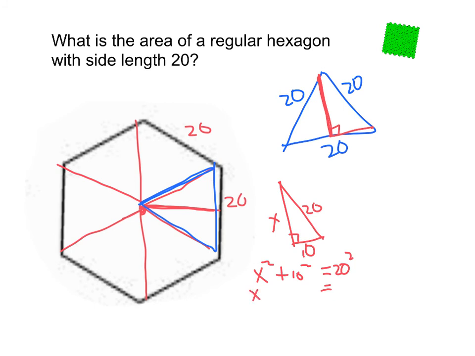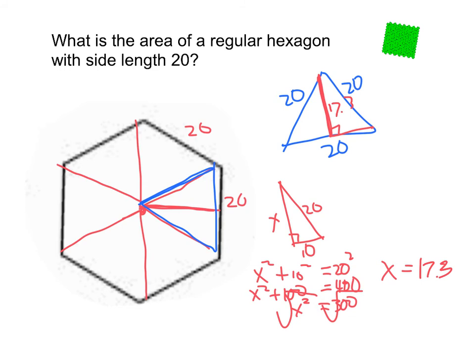So x squared plus 100 is 400. Subtracting 100, x squared is 300. Square rooting both sides, x is equal to the square root of 300, which is 17.3. So in this blue triangle, the height is 17.3.